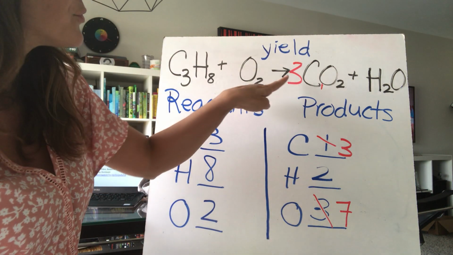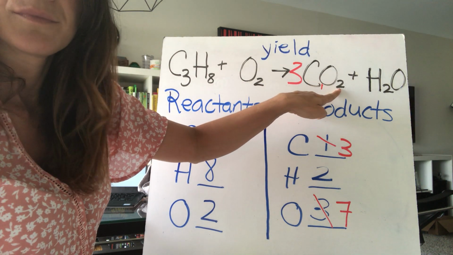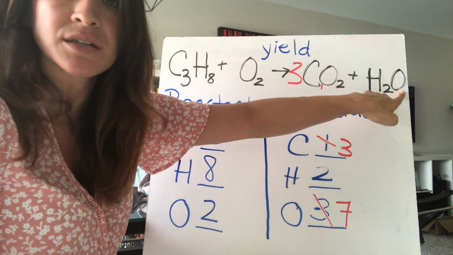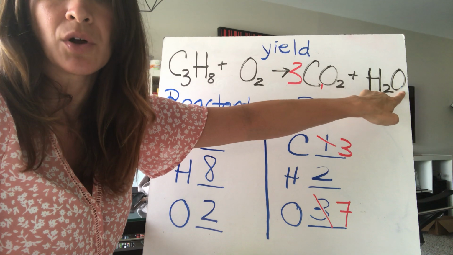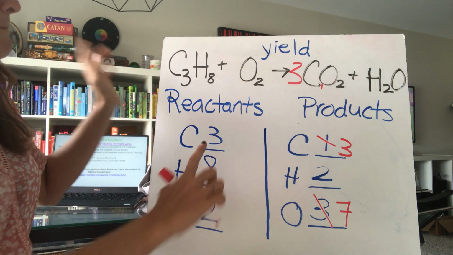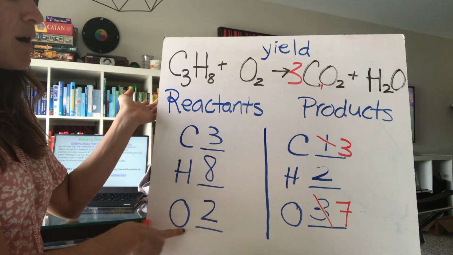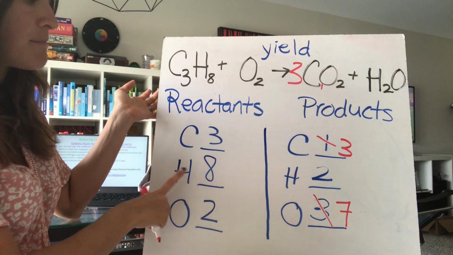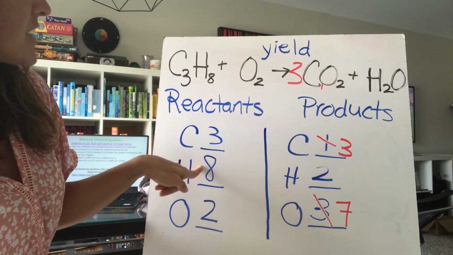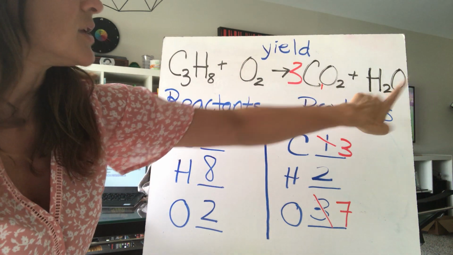Again, I had to go 3 times 2, that made 6 oxygens, plus the 1 oxygen over here, so now that's a total of 7 for now. So I balanced my carbons, but my oxygens are not balanced still, and my hydrogens are still not balanced. There are 8 hydrogens here and 2 over here.